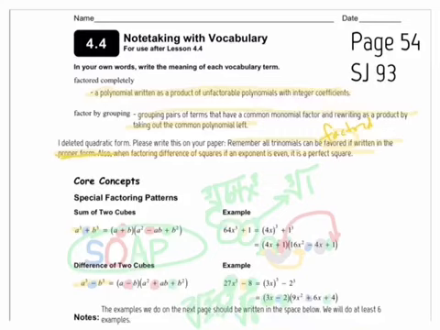Then for the next one, this term is found by squaring both of these, square 3 and square x, 9x squared. The last term is found by squaring this term. 2 squared is 4. The middle term is found by ignoring this sign here, multiply these two. 3x times 2 is 6x.